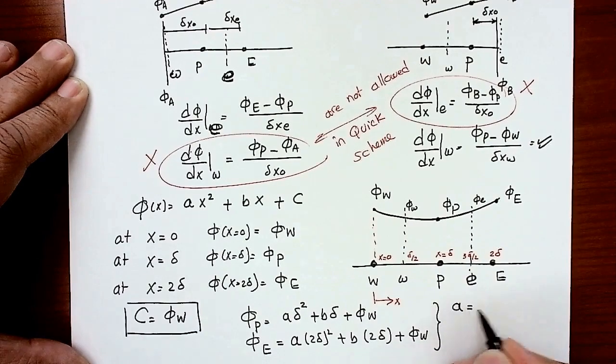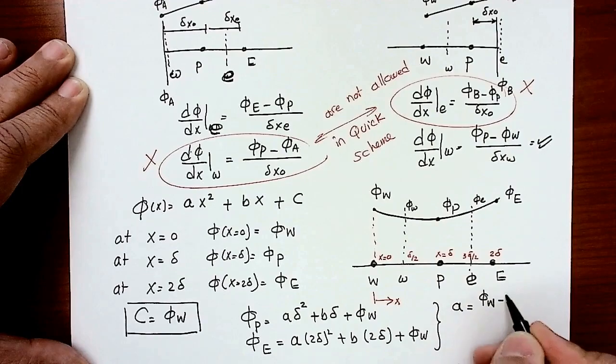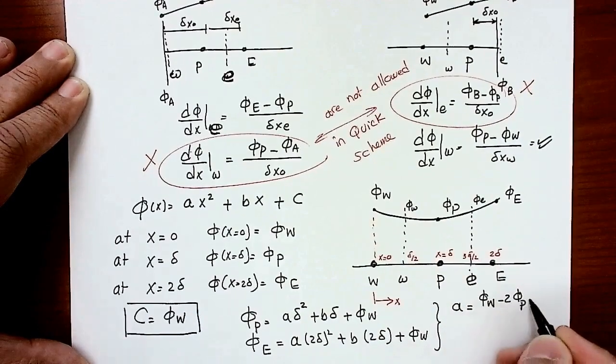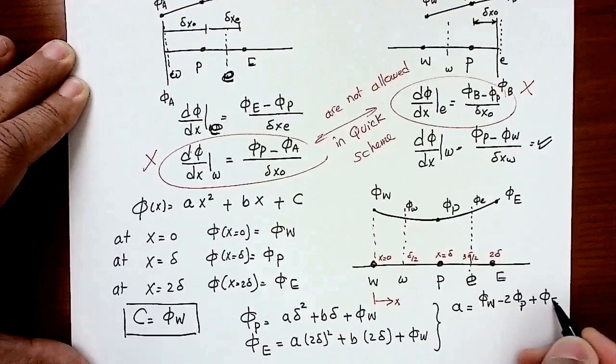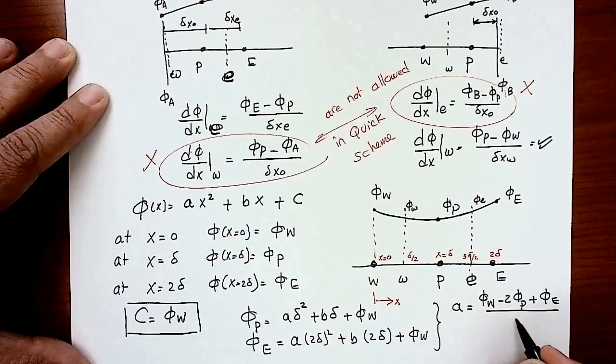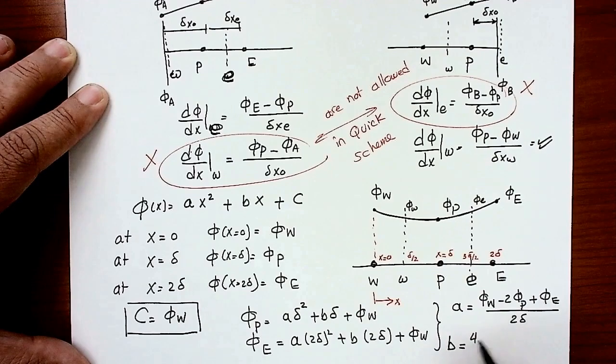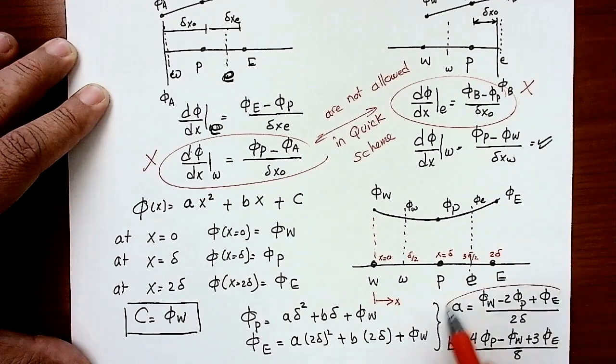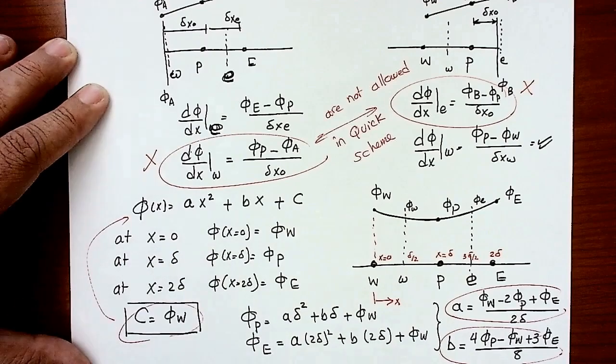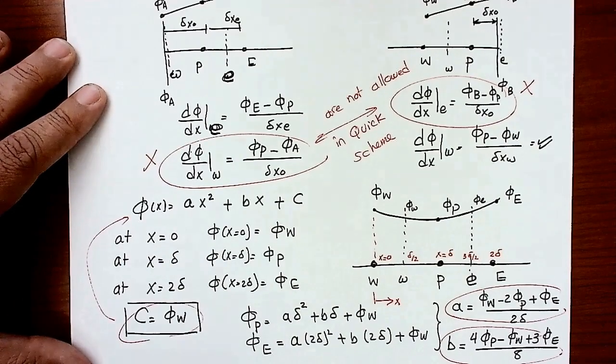I got A is equal to phi west minus 2 phi P plus phi east divided by 2 delta, and I got B is equal to 4 phi P minus phi west plus 3 phi east over 8. Now I can take the A, B, and C and go back to the quadratic equation so I can have that quadratic equation fully constructed.